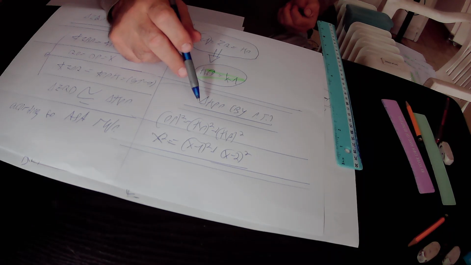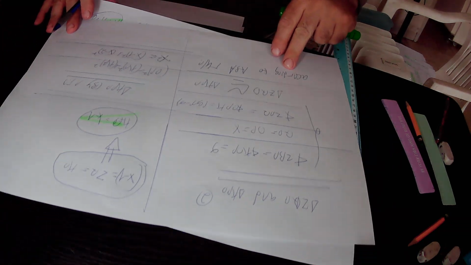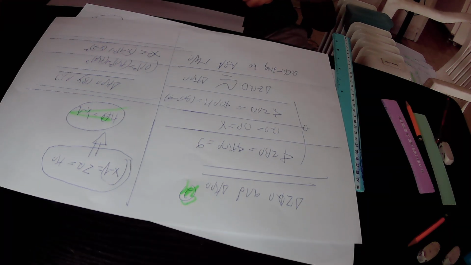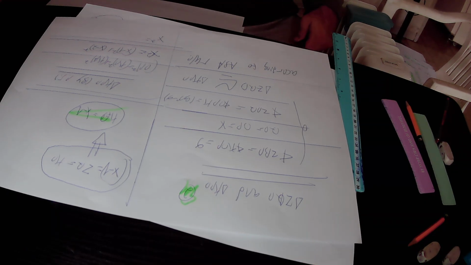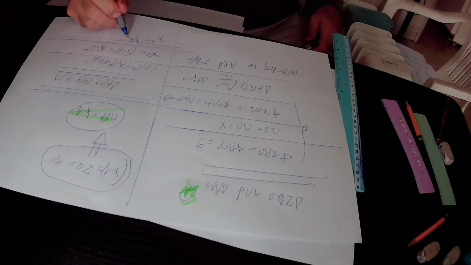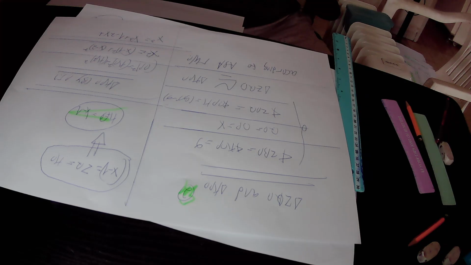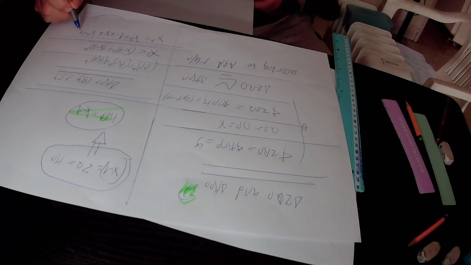Here we will open the brackets on this side of the equation and get that x squared equals (x minus 1) squared. (x minus 1) squared equals x squared plus 1 squared, that is 1, minus 2 times x times 1, that is minus 2x, plus (x minus 2) squared. (x minus 2) squared equals x squared plus 2 squared, that is 4, minus 2 times x times 2, that is minus 4x.